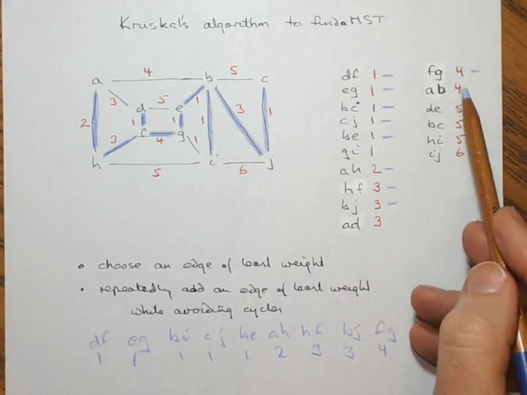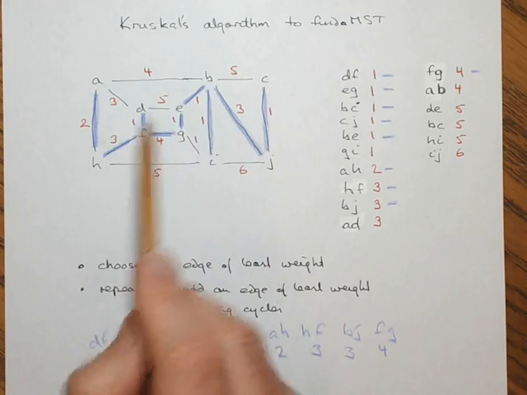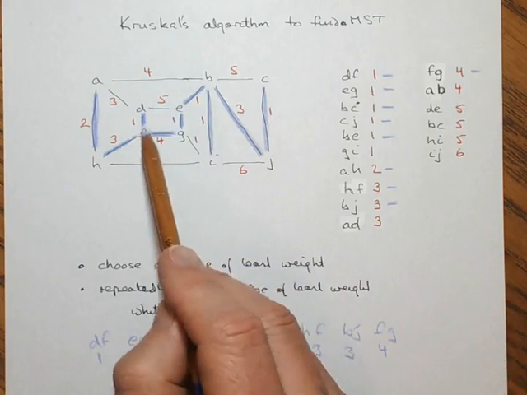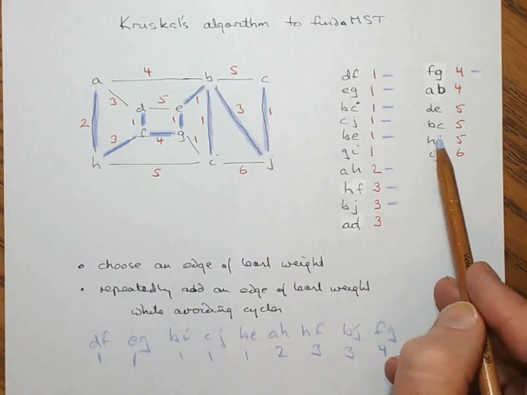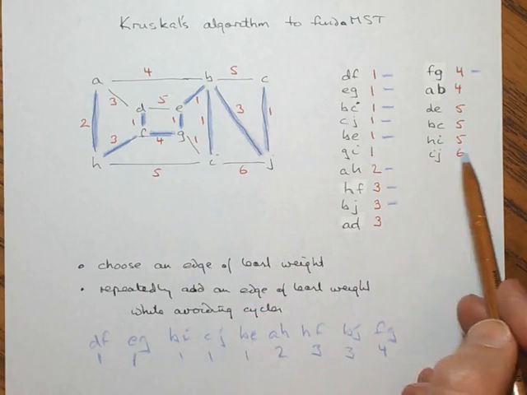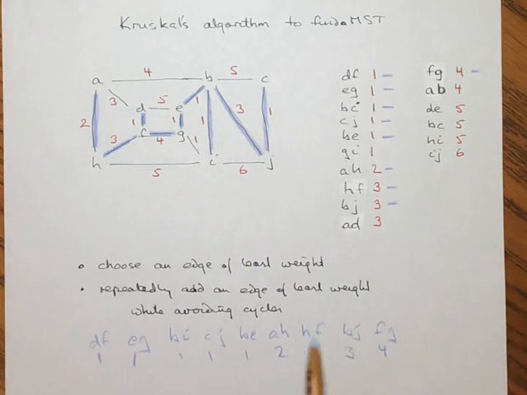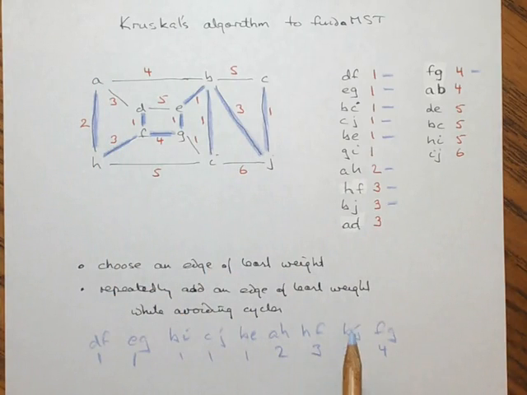A to B. If we put in A to B, that would create a cycle, so no good. D to E would again create a cycle, so no good. B to C would create a cycle. H to I would also create a cycle, and I to J would also create a cycle. Actually, we really didn't need to check these because with 10 vertices, we know that the minimum spanning tree will have 10 minus 1 equals 9 edges.